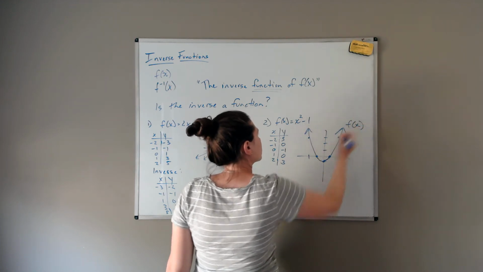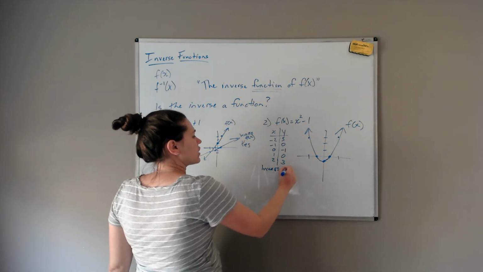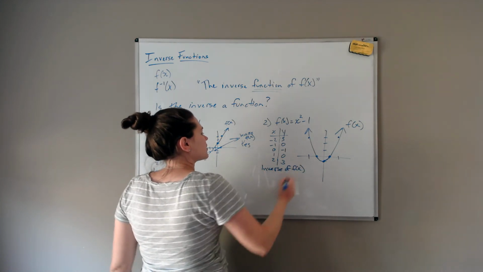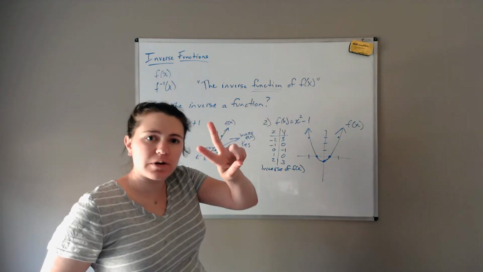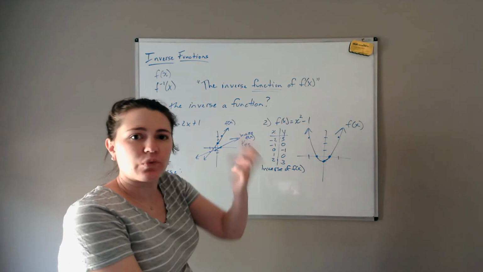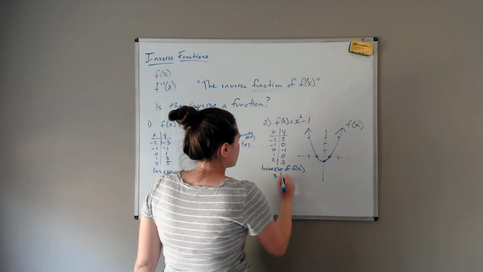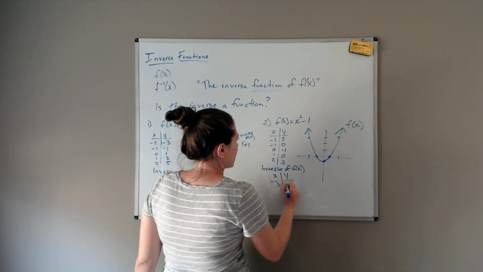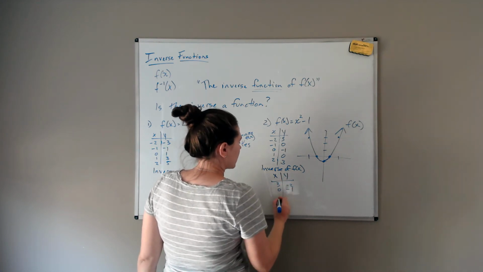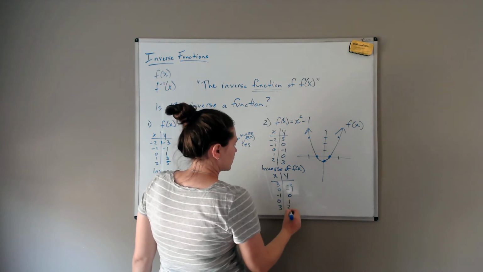And now if I said graph the inverse, the inverse of f of x would just be when all of the x's and the y's have swapped, when the input and the output have swapped. So when every coordinate point has flipped, you have an inverse. So that would be 3, -2, 0, -1, -1, 0, 0, 1, and 3, 2.